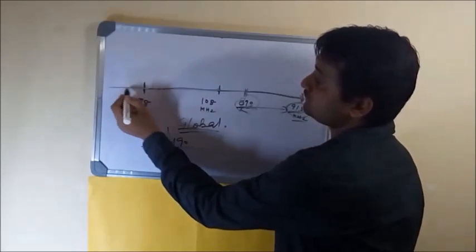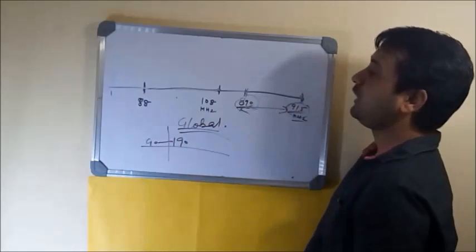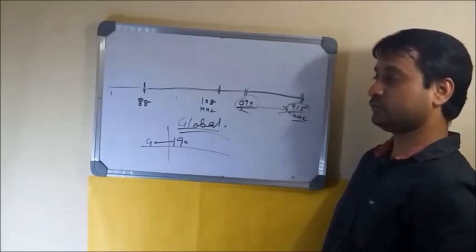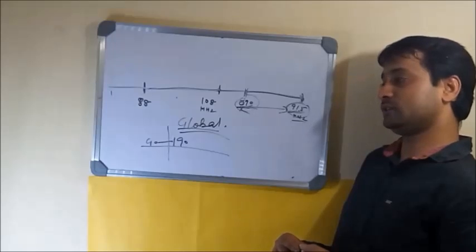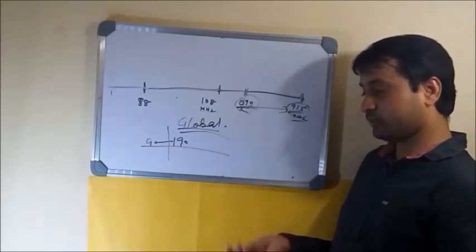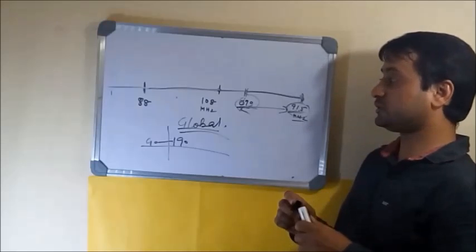Some frequencies are fixed for military operation, some for FM, some for satellite communication, some for radio transmission. It's the government that decides which frequency is used for which kind of operation.